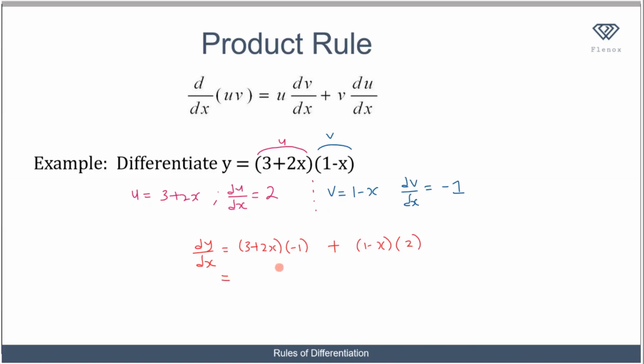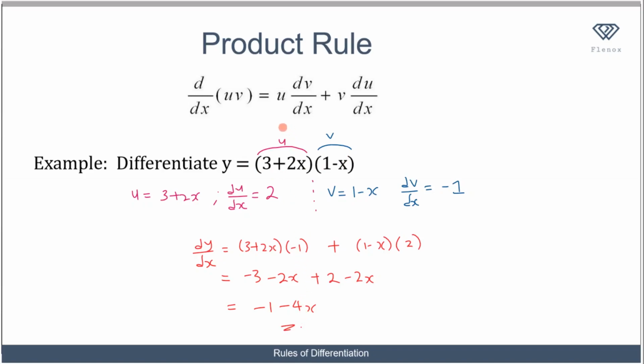When we expand, this becomes minus 3 minus 2x, this becomes plus 2, and this becomes minus 2x. When you simplify that, it results in minus 1 minus 4x. So when you differentiate this expression, this is what you get.